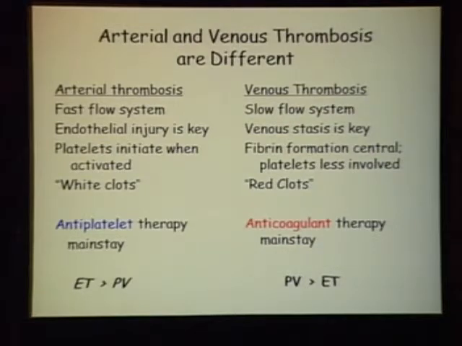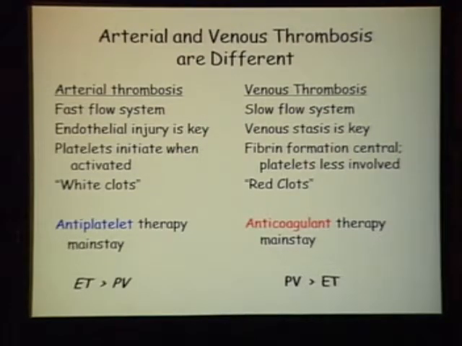Now, arterial and venous thrombosis are quite different and require different therapeutic approaches. Arterial thrombosis occurs in fast flow systems. Endothelial injury is the key to initiating these thrombi. Platelets can also initiate when they are activated, and disturbances in flow, as are common in the myeloproliferative diseases, can assist in this process.